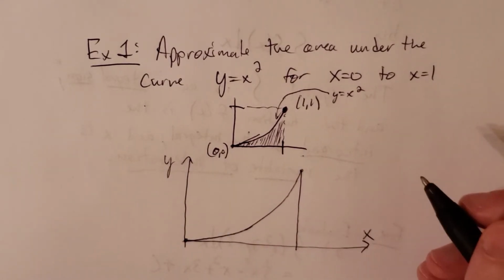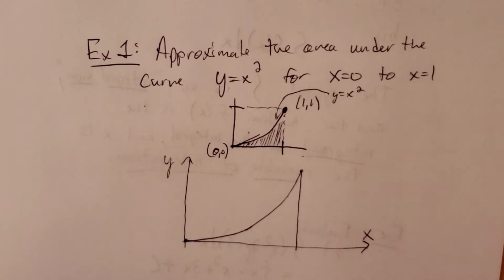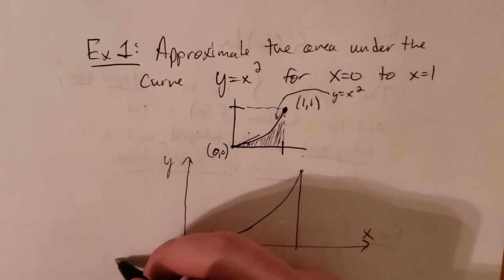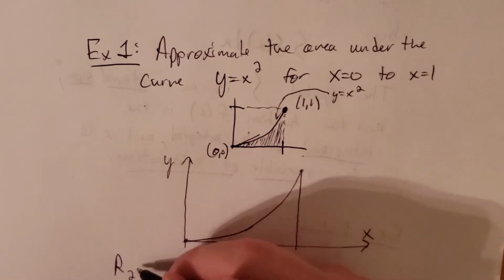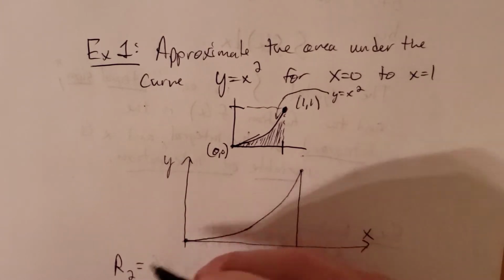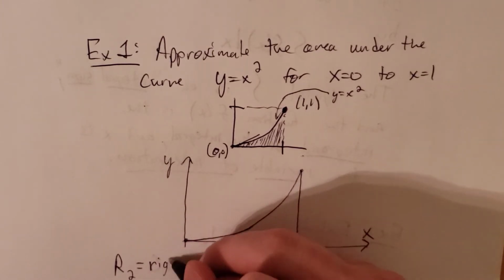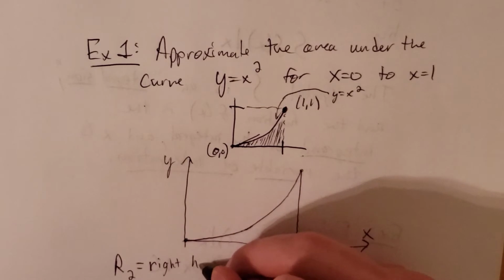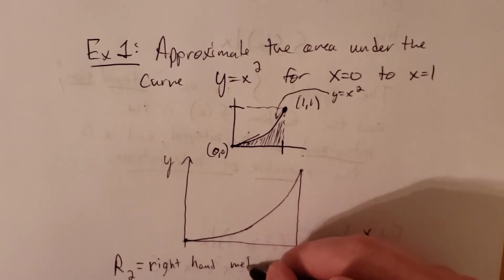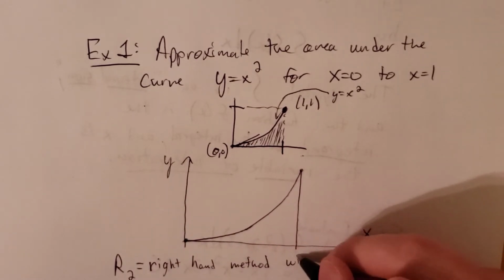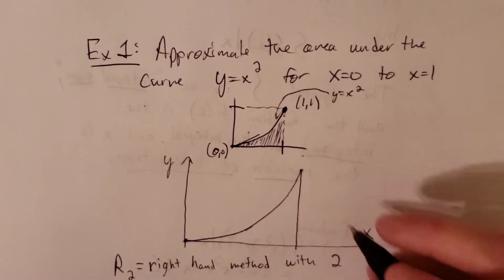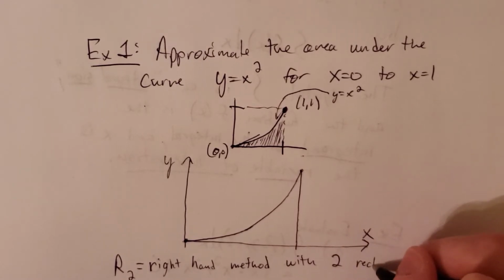So here's how we're going to do that. We're going to first estimate the area under the curve by calculating something called R2, which is to use the right-hand method with two rectangles.